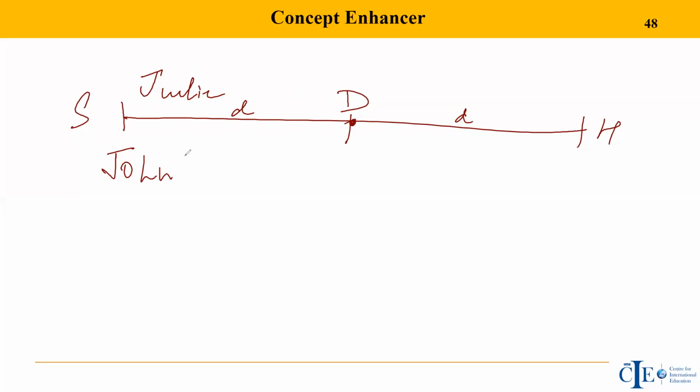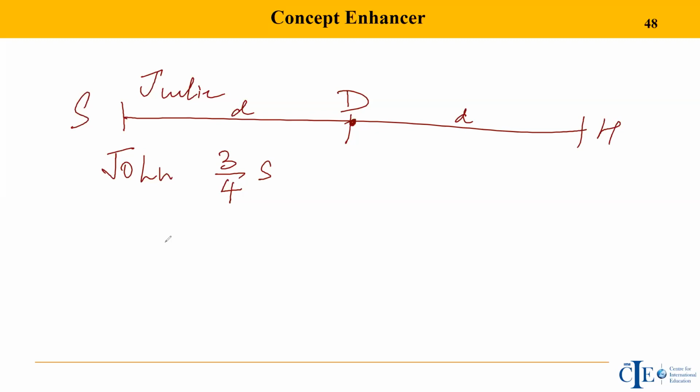On the day he was walking with Julie, he walked at 3/4 of his original speed, right?